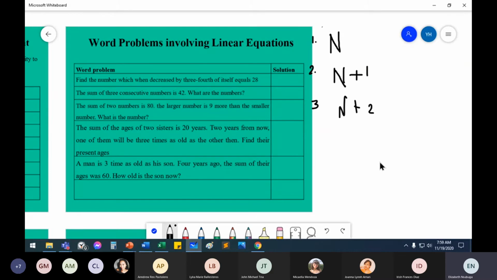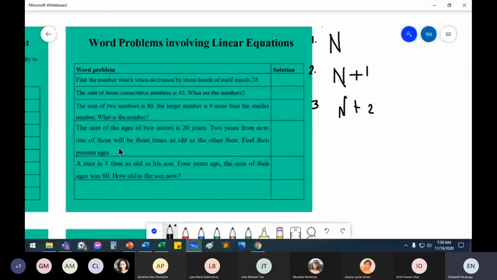Now, what is the premise we have been given? The sum. We know what sum means already. So we are going to use this to make our linear equation. What do we know? First number plus second number plus third number is equal to 42.